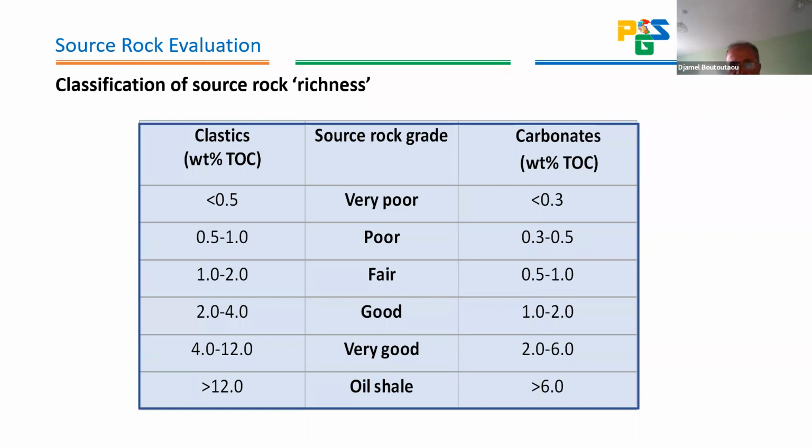For carbonate, you need relatively less TOC, almost 50% less compared to clastic. So if, for example, 1% for a clastic source rock is a fair source rock, in a carbonate you can already classify it as a good source rock richness.